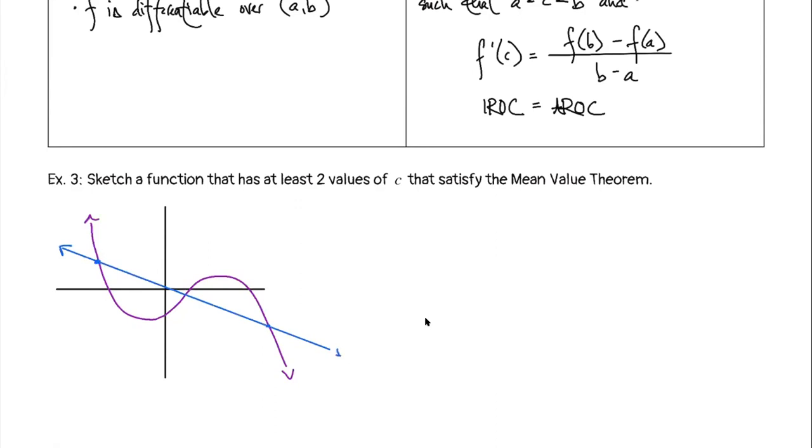And I'm wondering if we have any brave souls who can sketch some tangent lines so that the tangent lines have the same slope as the blue line.